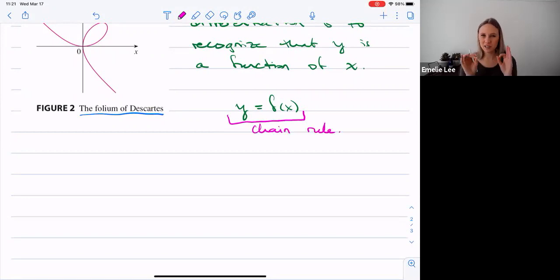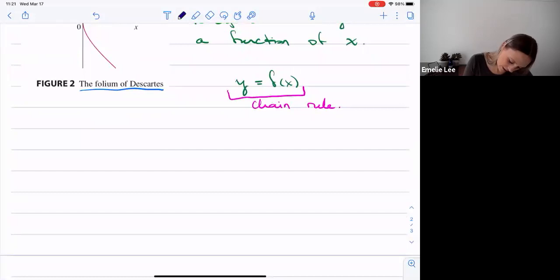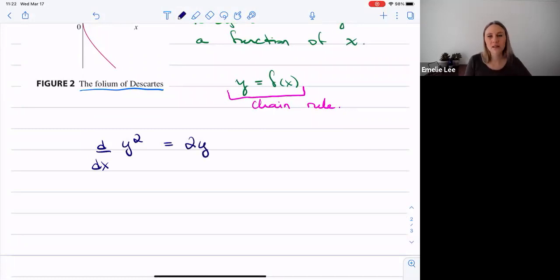That's the hardest part with implicit differentiation, is that you only get y. So for example, if you have something like y squared, and you're trying to find d/dx of y squared, what you actually would end up having is 2y, the derivative of the outside.